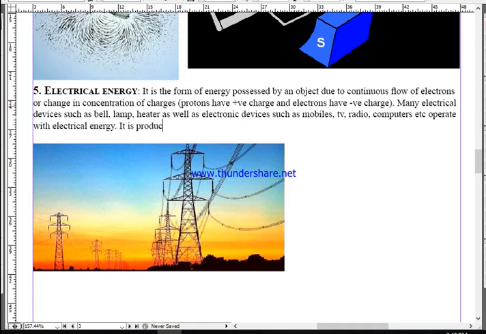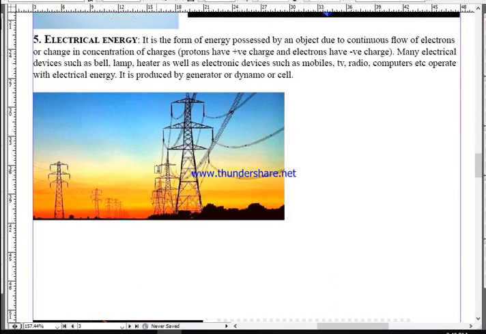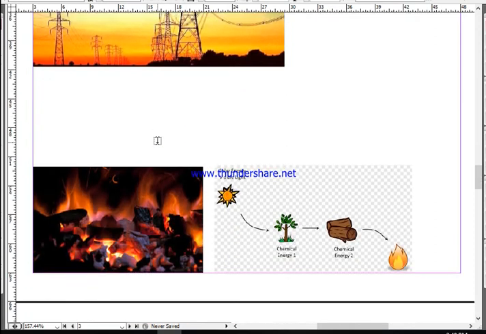It is produced by generator or dynamo or cell. Cell means battery. Generator, dynamo or cells are the sources of electrical energy. If you need to take note, pause the screen and start taking note. This is the electrical energy.